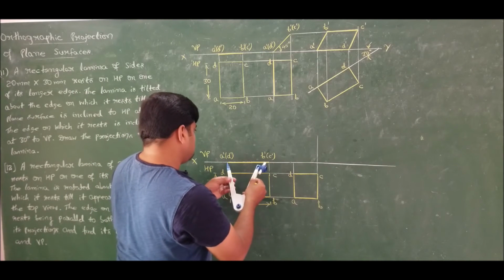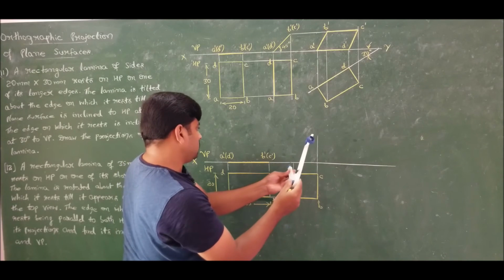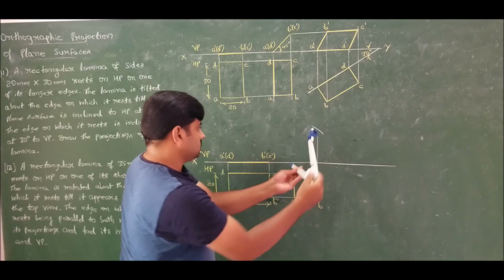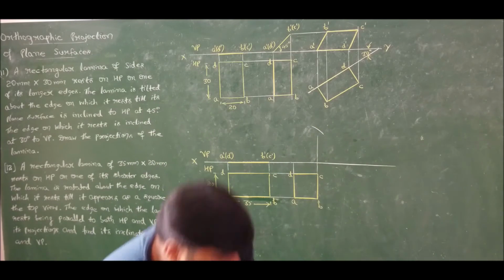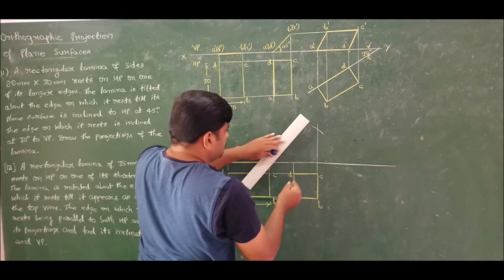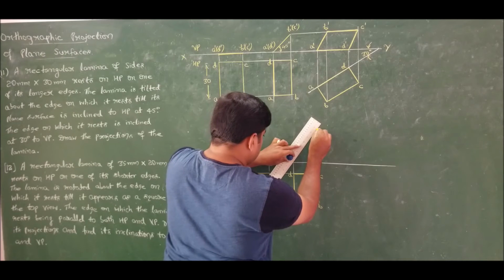How much is this? This is 35. Now keeping the compass here, you intersect this. Now you join and measure the angle. How much is that inclination? You calculate.